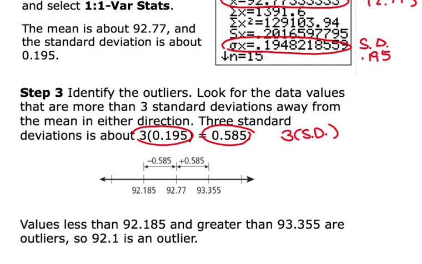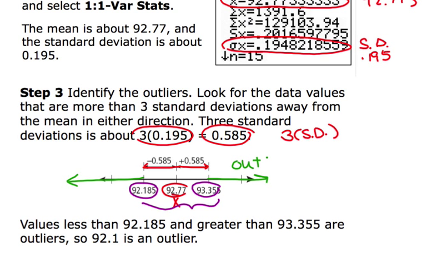So here's your mean, and if you add or subtract 0.585, these are the numbers that will fall between 3 standard deviations in both ways. Any numbers that are greater than or less than, so numbers outside, are considered outliers. Things here in the green.